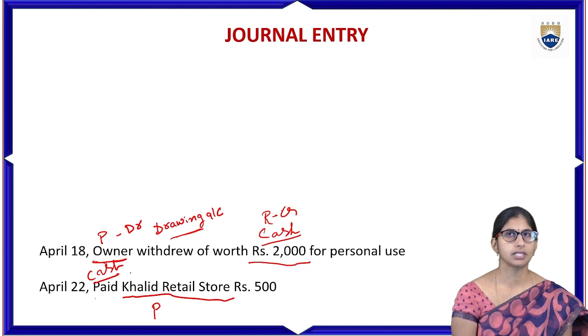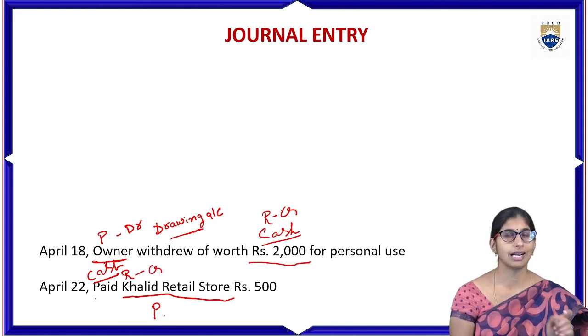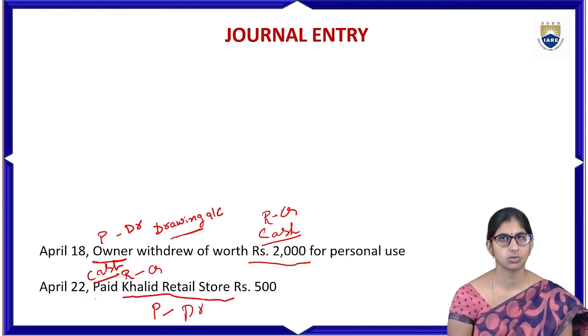So cash comes under real account. Cash is going out, so we have to credit cash. And Khalid retail store is a receiver as per the personal account, so we have to debit Khalid retail store.